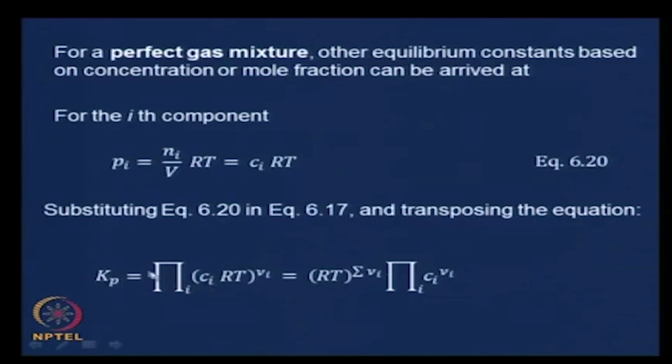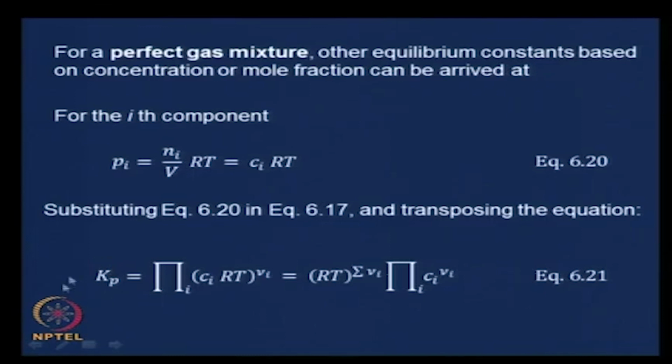Okay, you should have arrived at Kp equals product over I (Ci RT) the whole power nu I, which can of course be written as RT to the power of sum over nu I times the product of Ci power nu I. Let us call this equation 621.